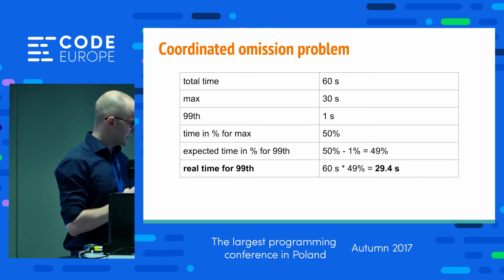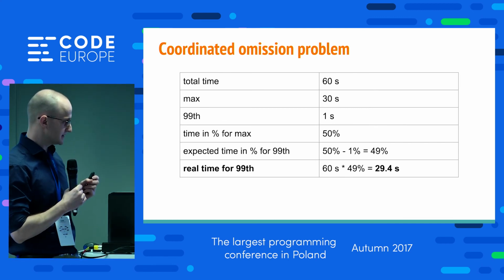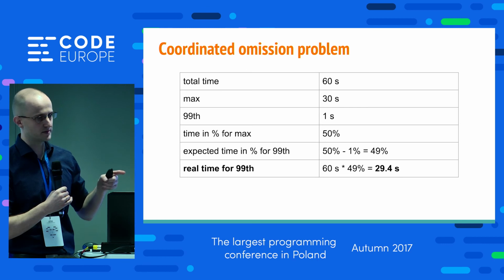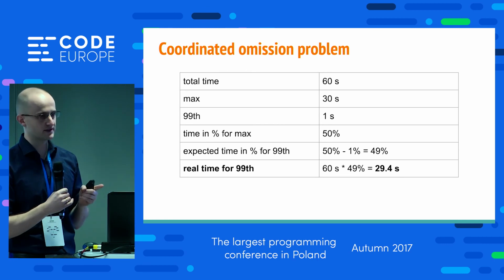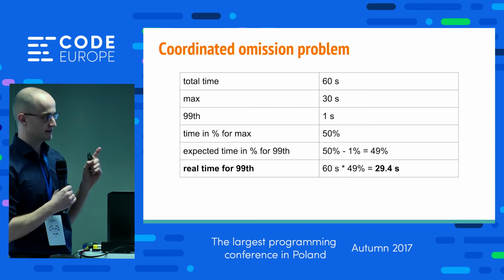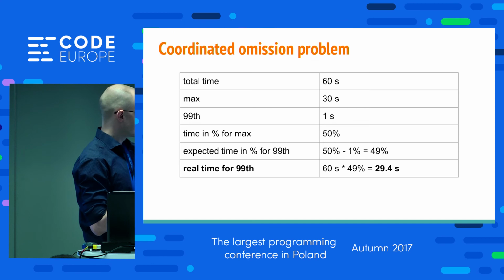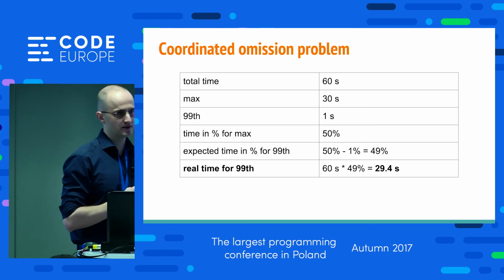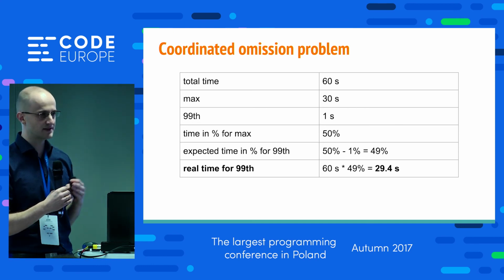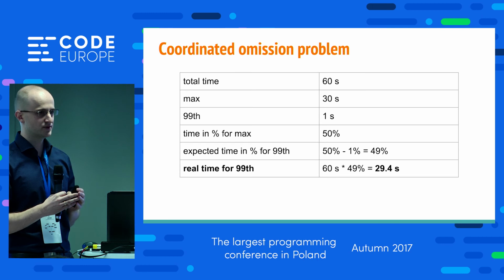Then the expected time for the 99th percentile will be at least 50% minus 1%, so 49% of total time. And 49% of total time is 29.4. So if those numbers are different, then you have the coordinated omission problem. And usually the difference is really, really huge. Now the difference is, okay, it's something, but usually it's thousands of times different.